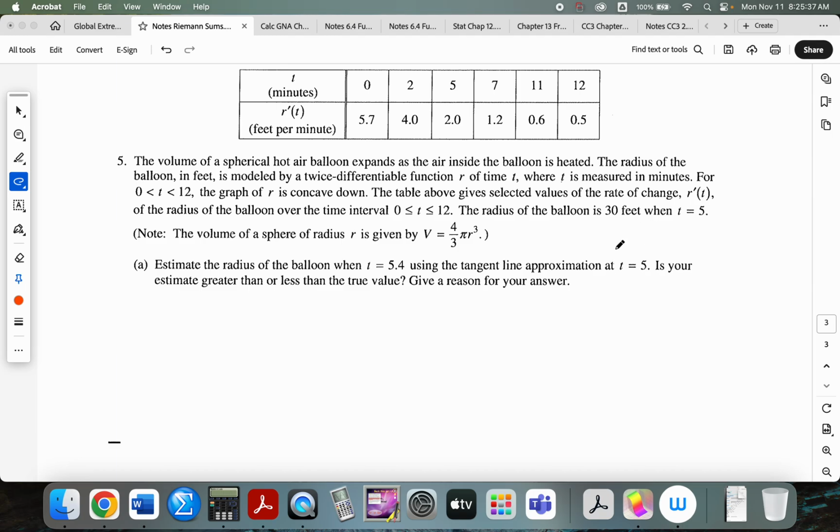All right, well, we need a point and we need a slope. The slope is the derivative. The derivative at 5 is 2. So that's our slope. We need a point also, and they give us that right here. The radius of the balloon is 30 when t is equal to 5.